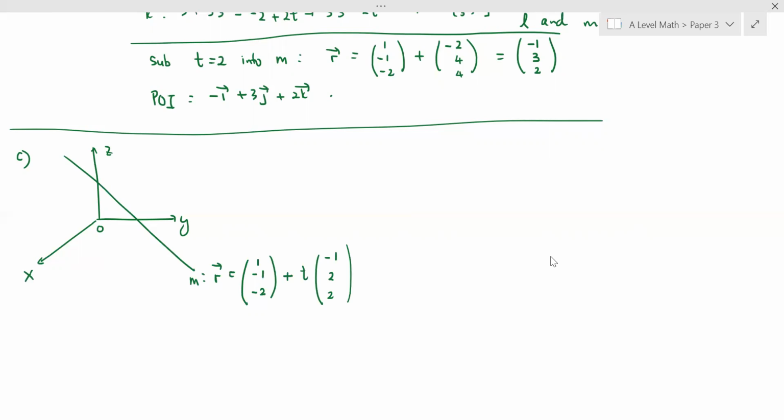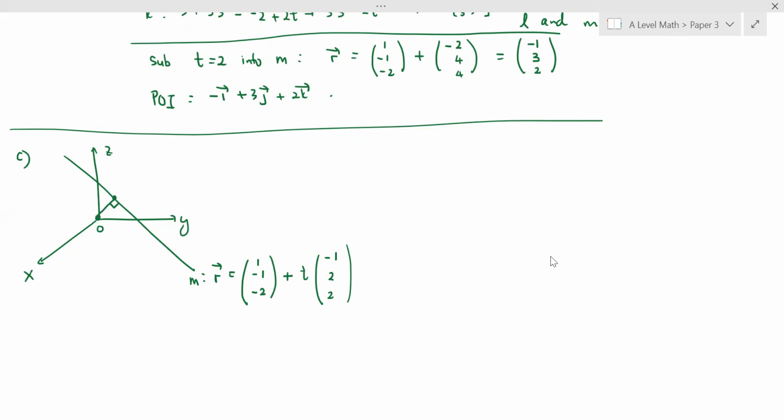That is the equation of line M. Now we need to show that the length of the perpendicular from the origin. This is the origin. So from the origin to the line, making a 90-degree angle, that will give you the perpendicular to line M from the origin.